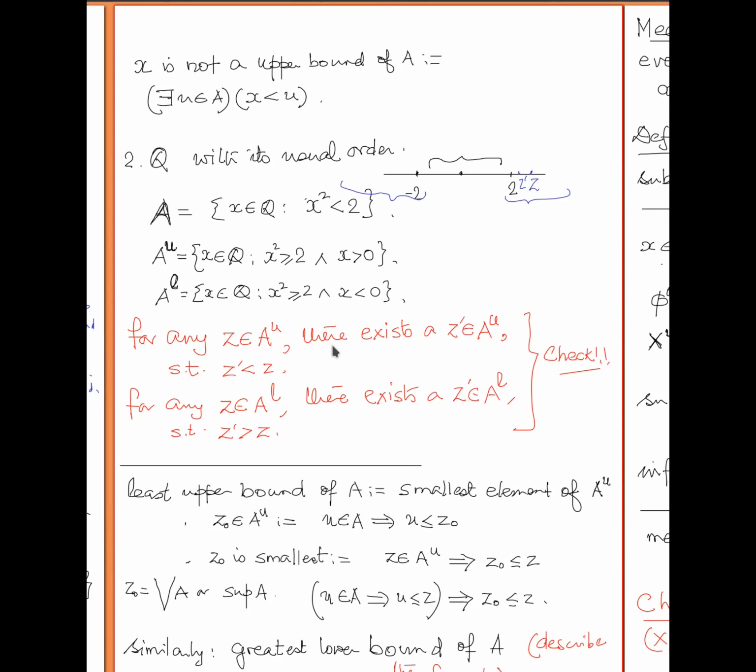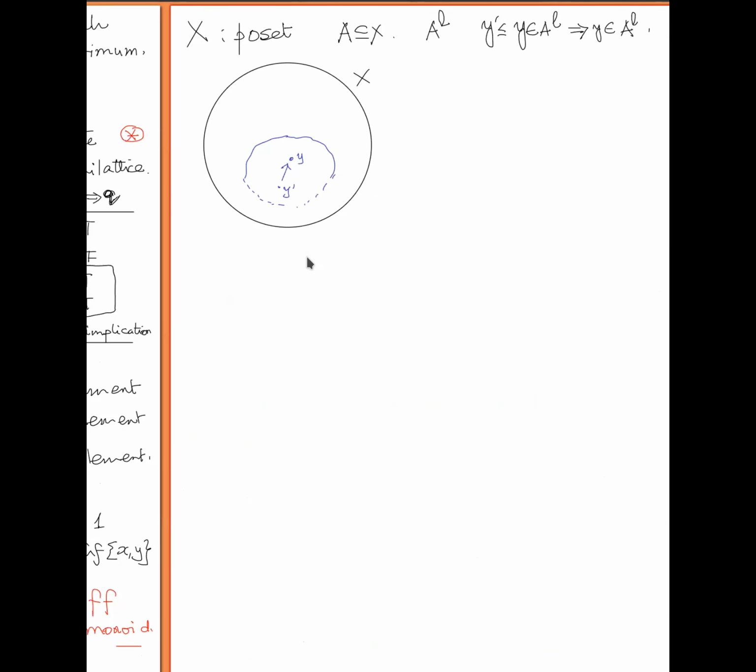But I don't say that everything smaller than that is a member of that set. I said you can find something smaller. Here, on the other hand, I'm demanding that whenever something is smaller than y, it is also a member. So this property seems to be a very nice one.